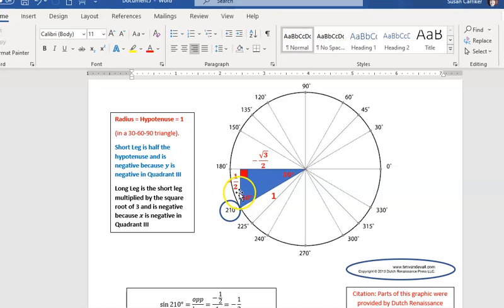Since it's in the third quadrant, the sign that you put on this number should be negative, and that's because the y-coordinate is negative in the third quadrant. To get your long leg of your 30, 60, 90, you multiply your short leg by the square root of 3. This number will also be negative because the x-coordinate is negative in the third quadrant.